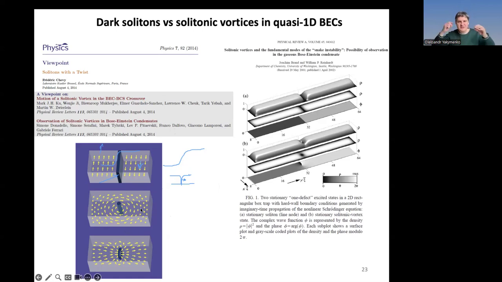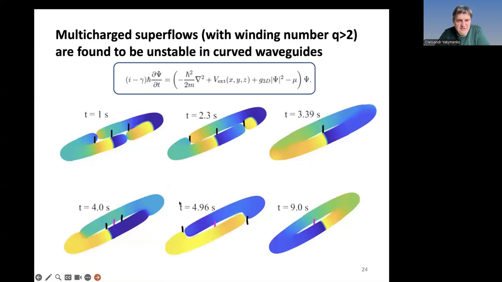So it means that if you have some kind of quasi-1D system, you can expect very complicated dynamics of the vortices. And exactly in our system, what we have seen here is the following. This is the evolution of the phase and these vortices. As you can see, if you start, for example, here with a three-charge vortex, this black line is the course of the vortices.